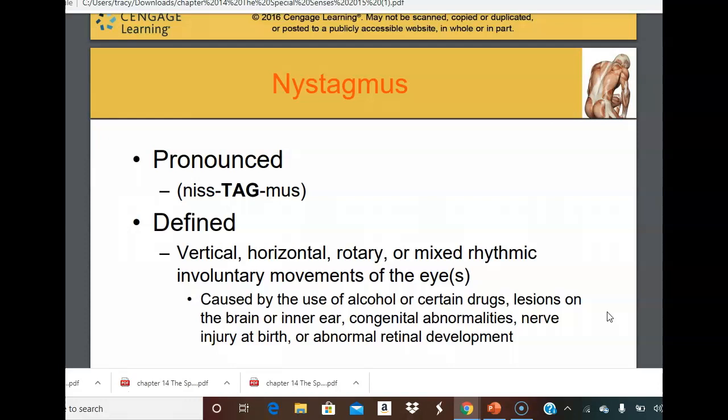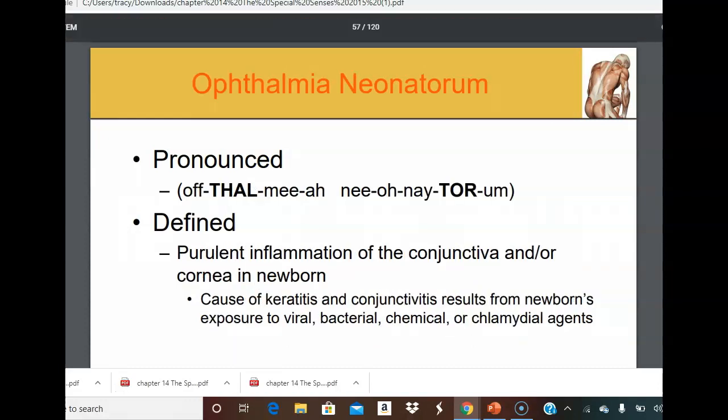Different lesions on the brain or inner ear can cause this, certain congenital abnormalities, nerve injury, or even alcohol and certain drugs. When you look at the eyes, they gaze off to the side and don't look directly at you, and a lot of times you can see a quick, rapid, involuntary movement back and forth of the eyeballs.